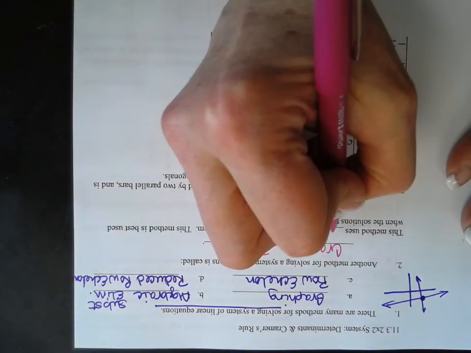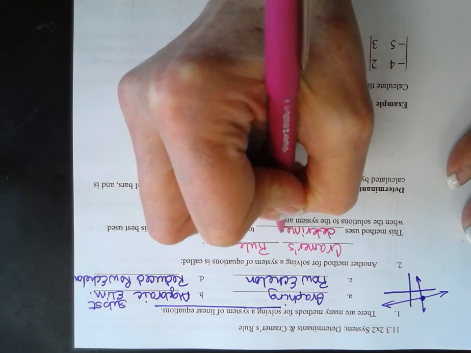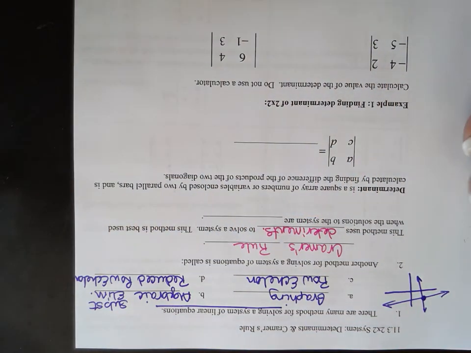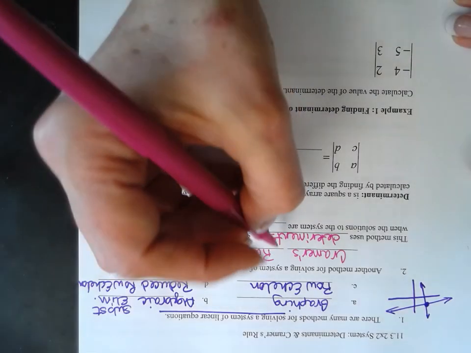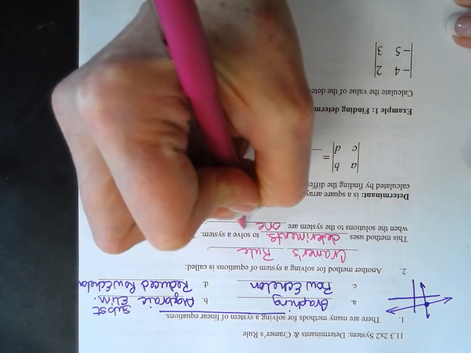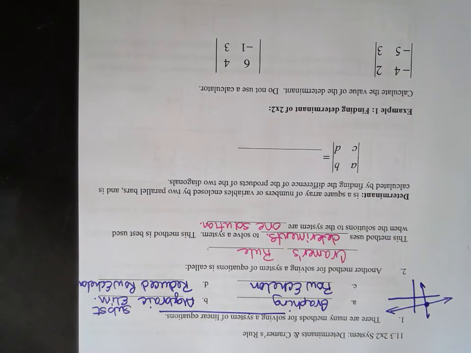All right, and this method uses determinants to solve a system, okay? The method is best used when the system has one solution. Now, what is a determinant?